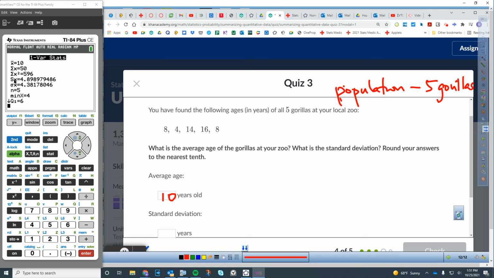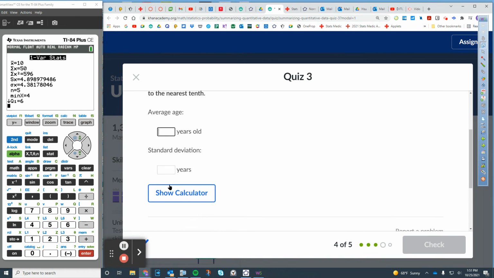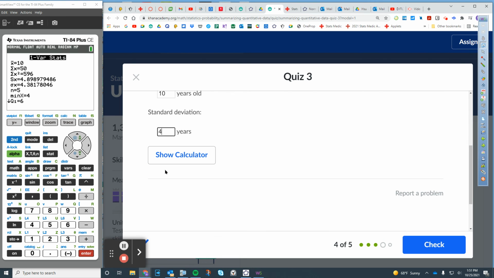And which standard deviation do we want? Do we want the sample or the population? They ask us for all, so it's referring to the population standard deviation. So it's 4.4, right? Round to the nearest tenth. So 10 and 4.4.